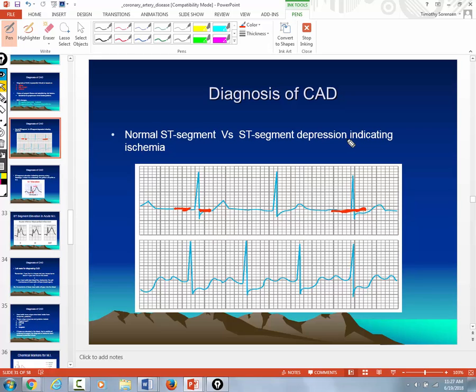And how you detect ischemia is you will get what's called ST segment depression. Here's the baseline. Look at the ST segment. It is below the baseline. So ST segment depression indicates ischemia or lack of blood flow. Tell me you got that. All right?